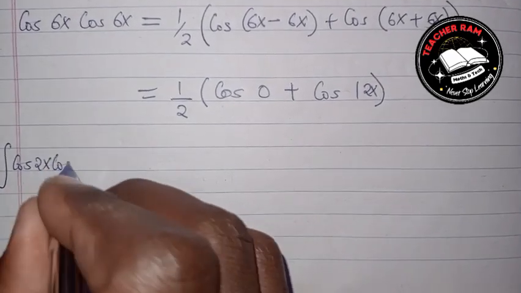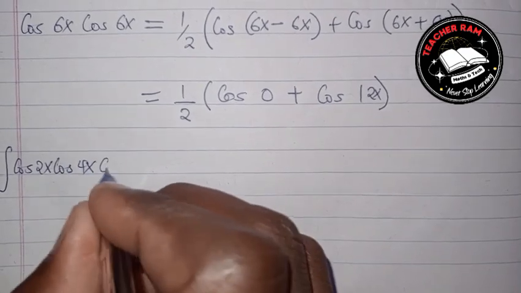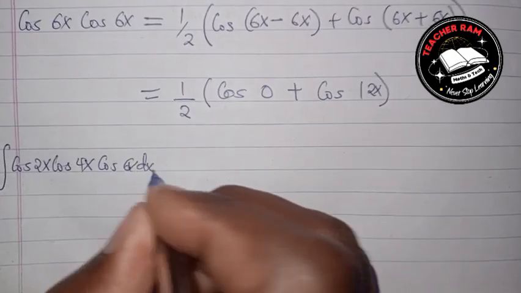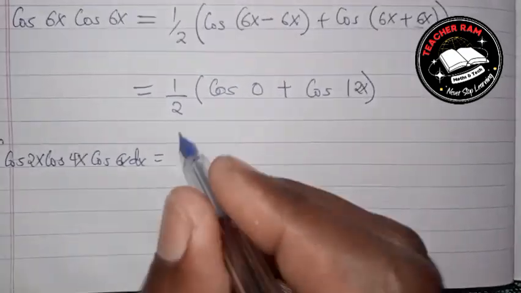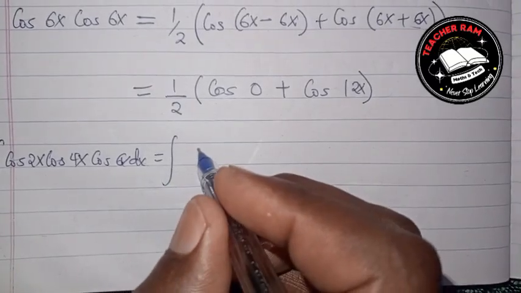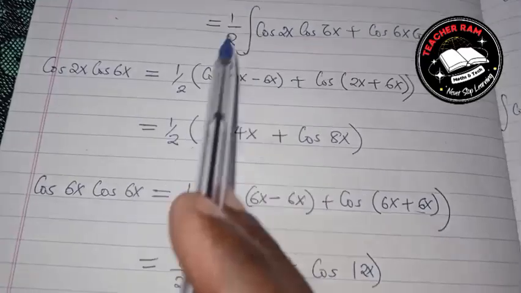Taking these two results and substituting into the given equation, we say that integral of cos of 2x, cosine of 4x, cosine of 6x dx is the same as writing the integral. Remember here we have 1 over 2 outside the integral.